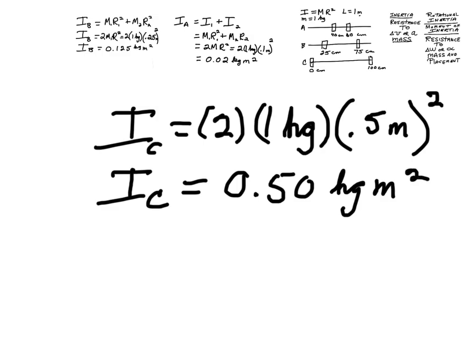And you might notice that the result of this one is 4 times bigger than that result, because the masses in this case are 50 centimeters away instead of 25, so it's twice as far away. The inertia goes up by 4 times because of the R squared.